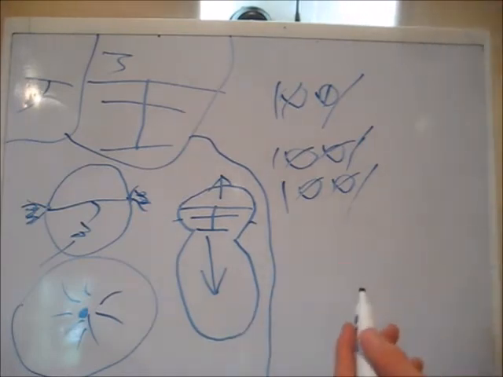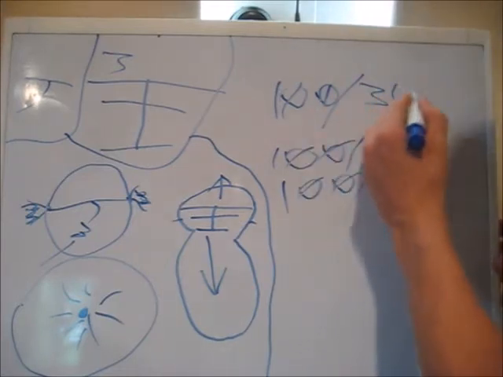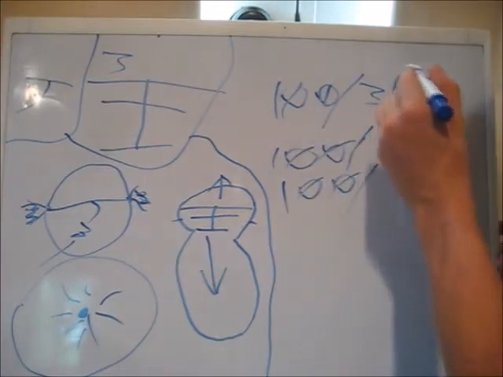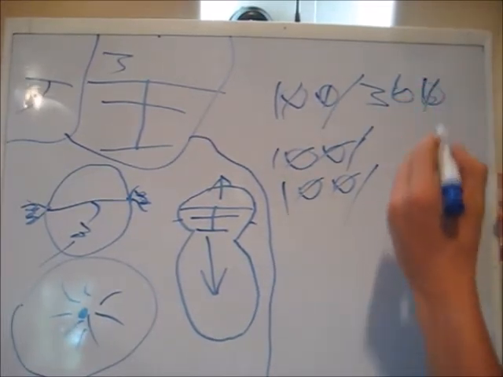So how this works is, if we have 360 degrees of radiation, I'm sorry, not 366, 360.